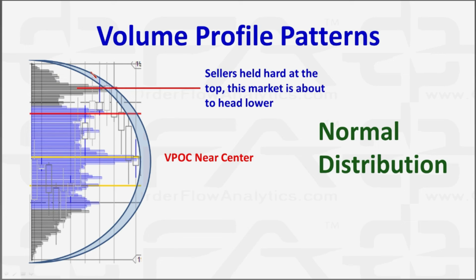Price came up, and this massive volume up here was evidence that because price didn't go higher, sellers were absorbing everything that the buyers were handing them, and therefore the market is likely to move lower, down into these areas.